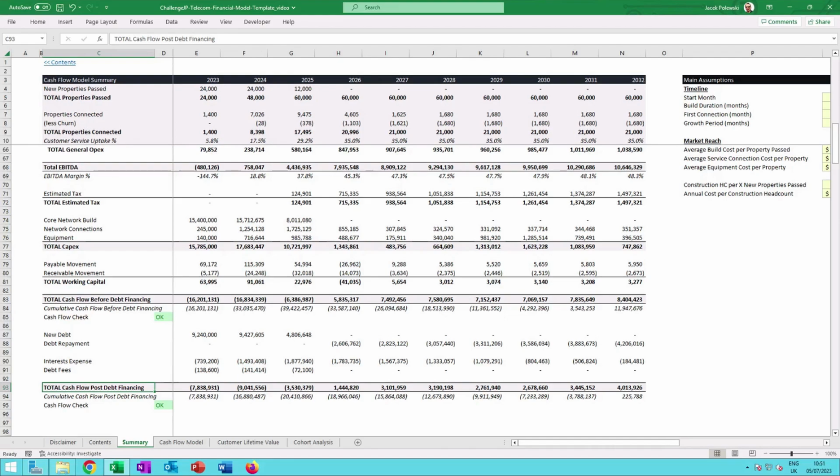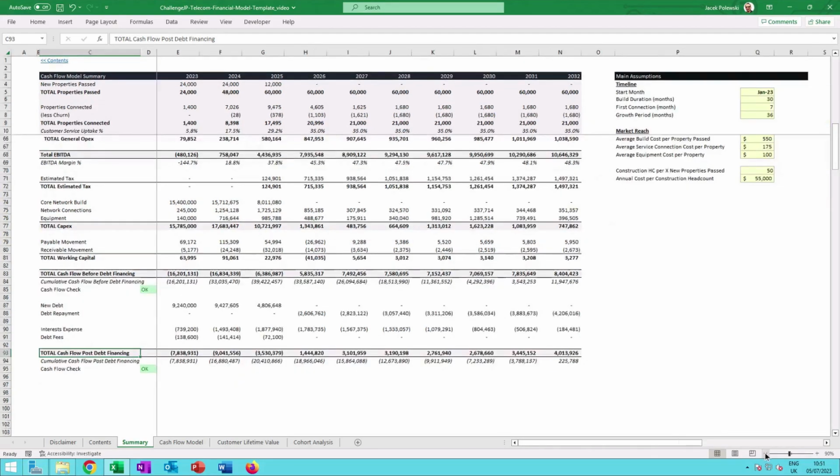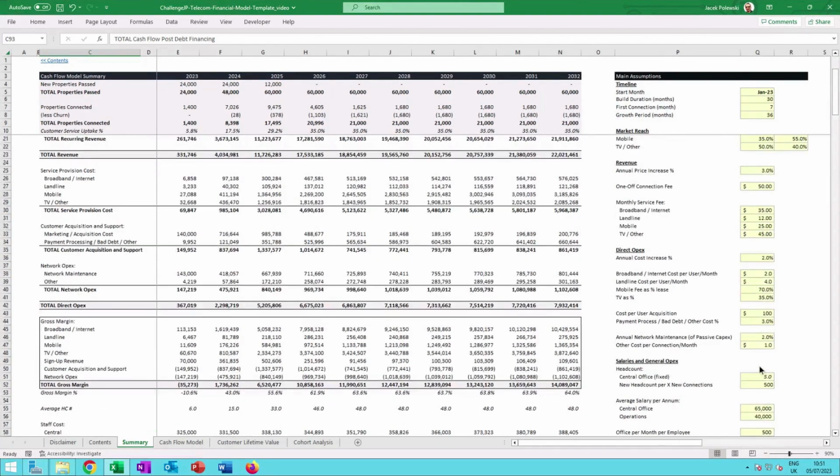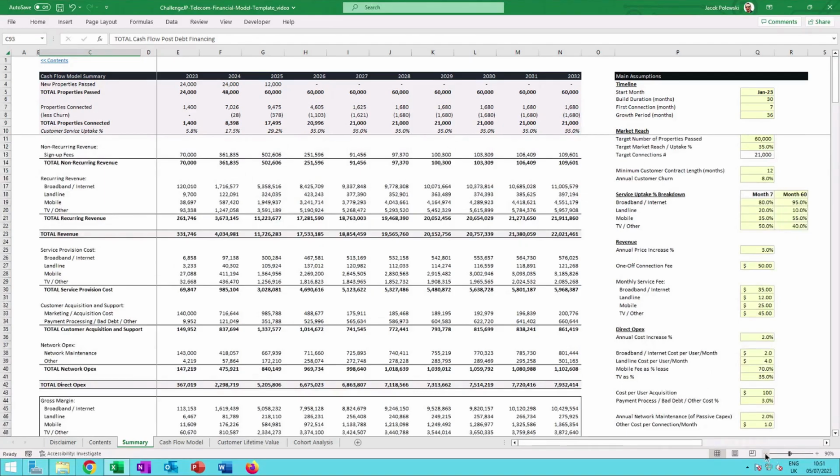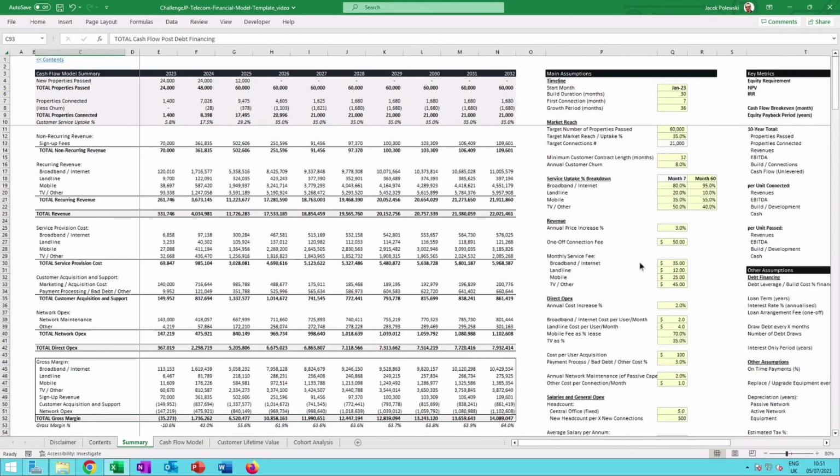So for example, this can be used to calculate the level of equity that you have to insert into the model. Okay, in terms of the structure of the spreadsheet, you will see that I also included here to the right the main assumptions, which will be linked to that cash flow model sheet, which we'll get to in a few moments.